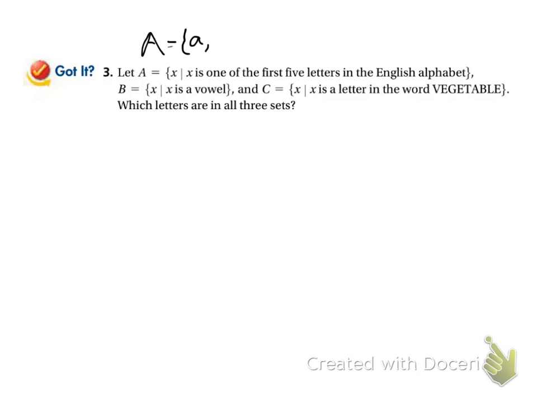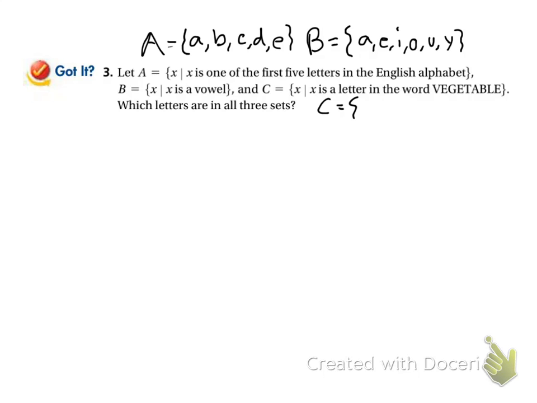So A, B, C, D, E. B is X, such that X is a vowel. So A, E, I, O, U, and sometimes Y, so sure, we'll just include it. And C is X, such that X is a letter in the word vegetable.